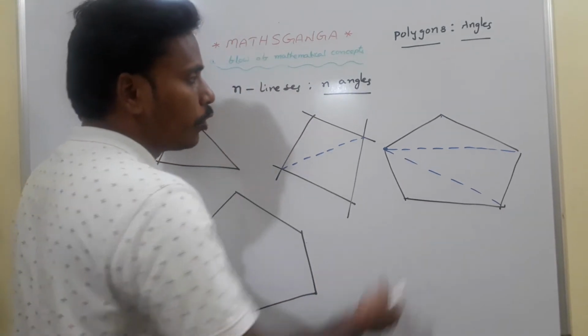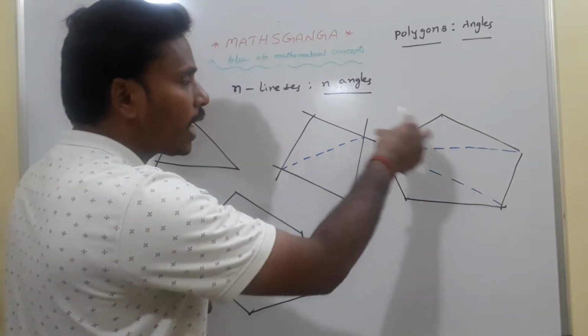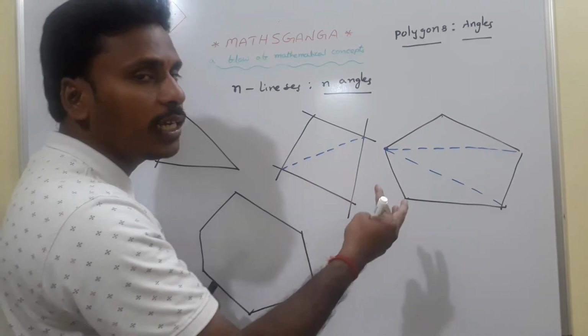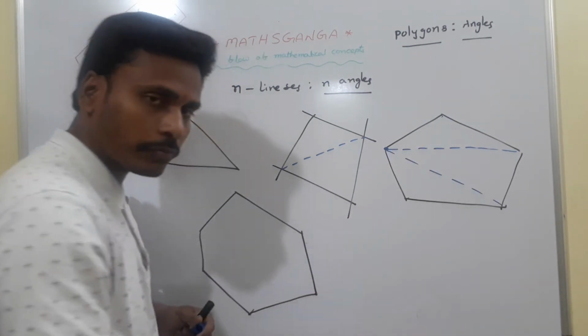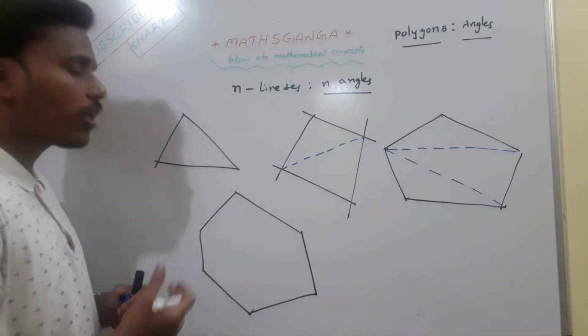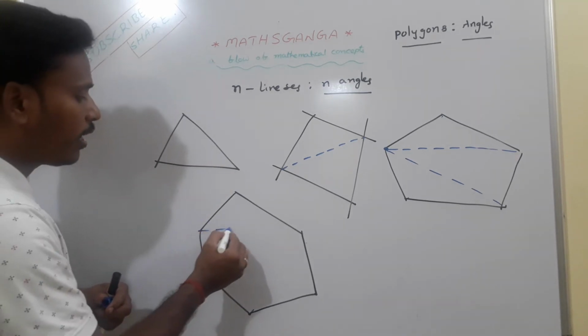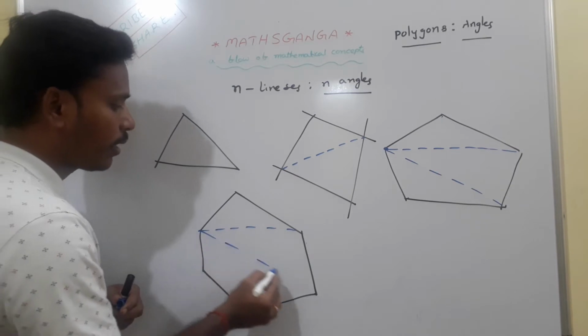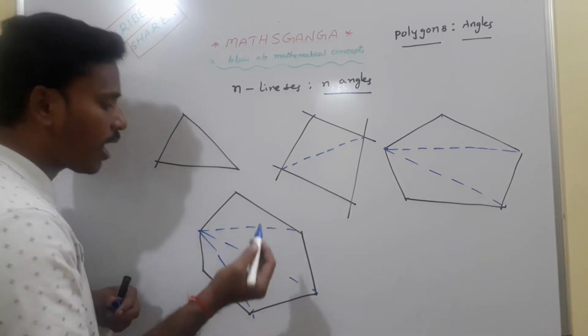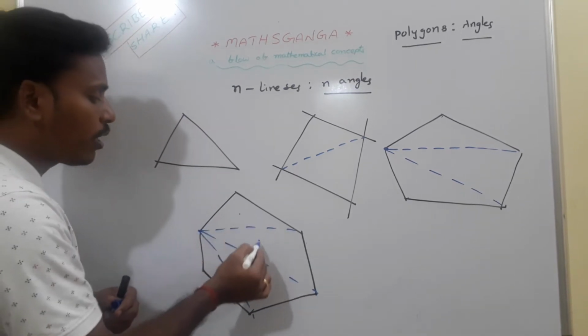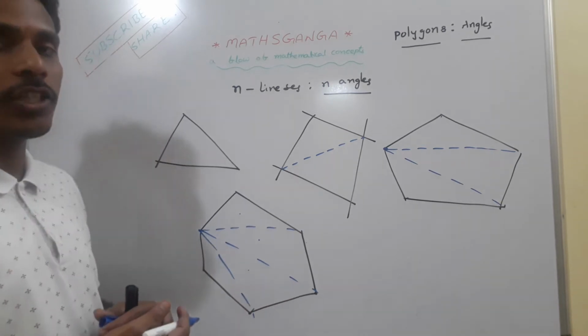Now the total pentagon area is divided into three disjoint triangles. In the same manner, in the hexagon, starting with one vertex, I draw different line segments. This is one, another, and another. So I have four disjoint triangles for a hexagon.